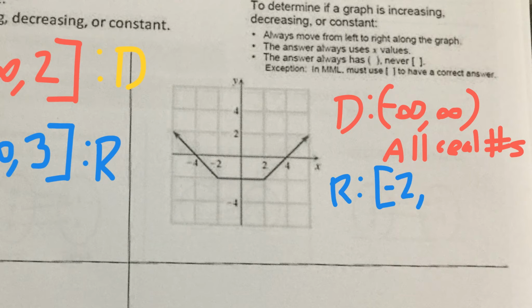So I put a brace or bracket. I don't know why I call them braces. Now, looking at the highest y value. So again, I have the arrow, which means it's going to continue in this direction infinitely. So since the graph is going up forever, its highest y value would be positive infinity.